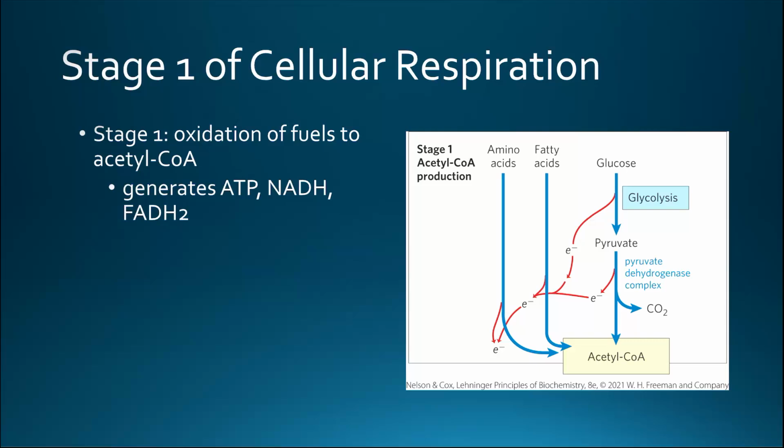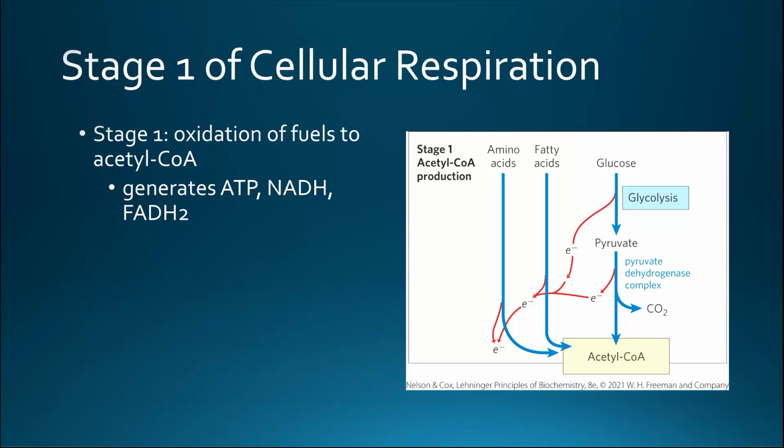Sometimes stage 1 is considered to be digestion of the food molecules, and what we're looking at here is considered to be stage 2. Nevertheless, the stage of acetyl-CoA production from food molecules, whether those be carbohydrates such as glucose, fatty acids, or amino acids, all producing acetyl-CoA, that's considered to be stage 1.